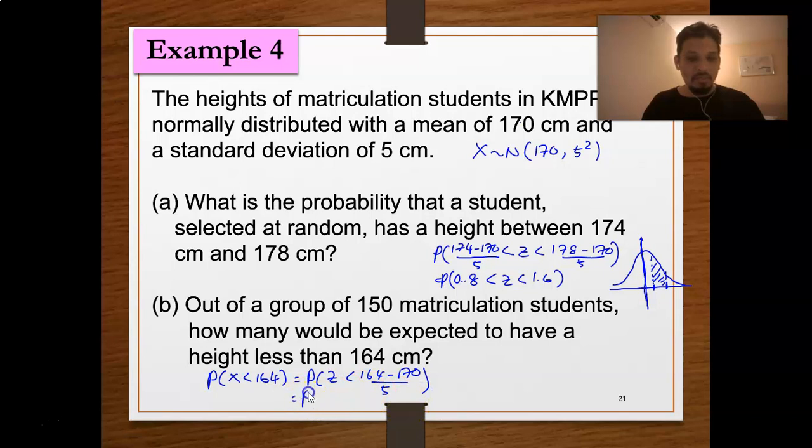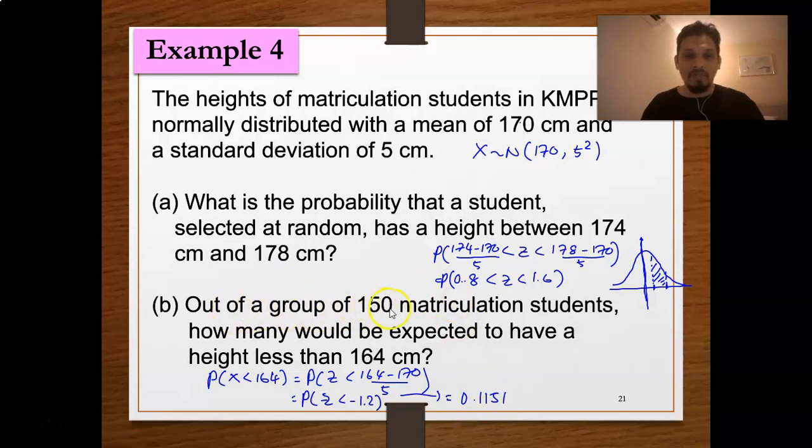So it is the probability of z less than negative 1.2, and for this one it gives you 0.1151.